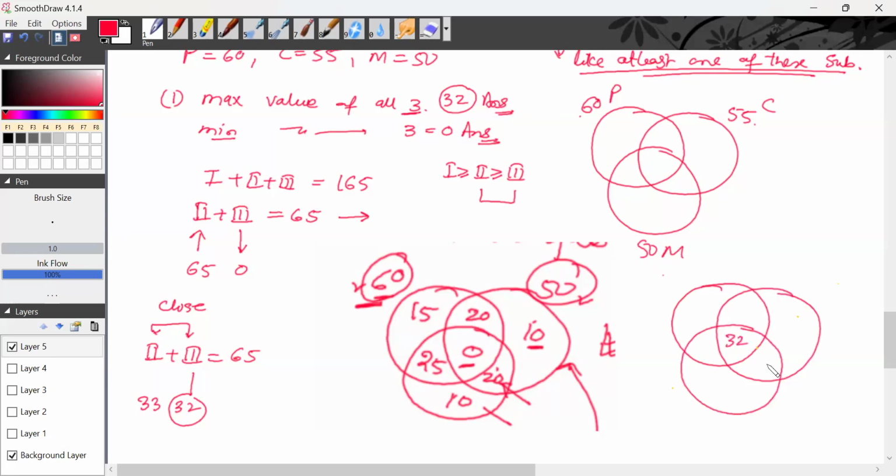This is 32, this is nothing but sum of all these 4 ना, ये दोनों को 0 कर देता हूं, this is 60 ना, this is say 55 and this is 50. So let me assume this to be 1. Can we get the independent values of all three?